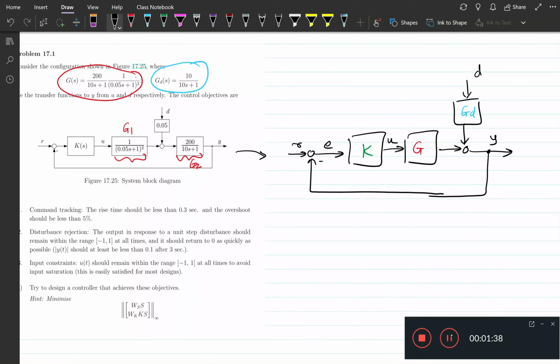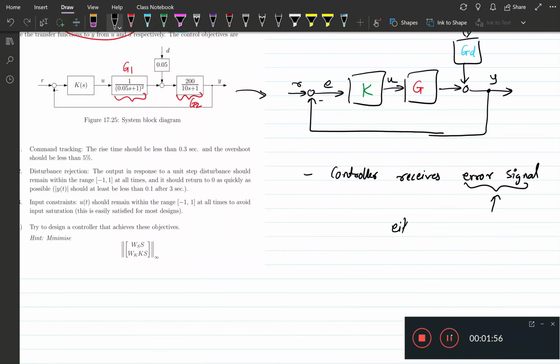Now what we observe here is that the controller receives the error signal, and this error could be due to either the reference input or due to a disturbance going through GD.